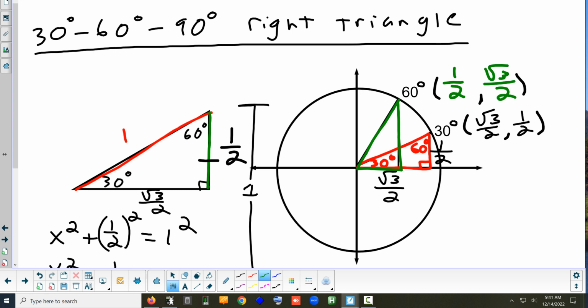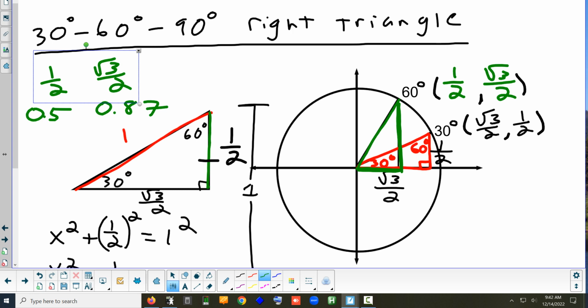So how do you remember which side is which? In the 30, 60, 90, there's always a short side and there's always a long side. Out of the two numbers, 1/2 and root 3 over 2, 1/2 is 0.5. Root 3 over 2 is 0.87, roughly.